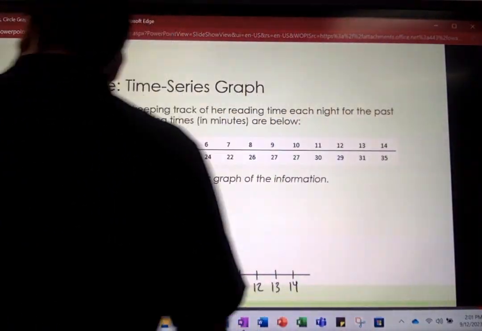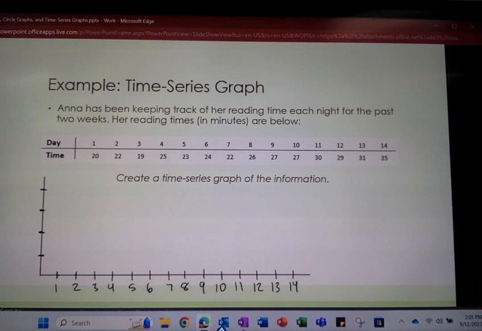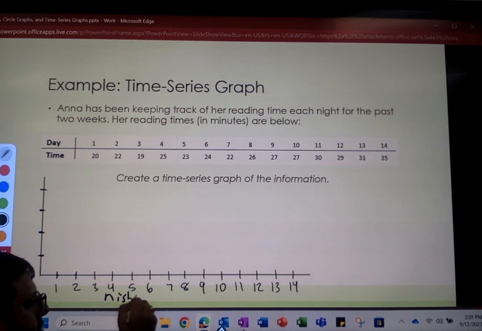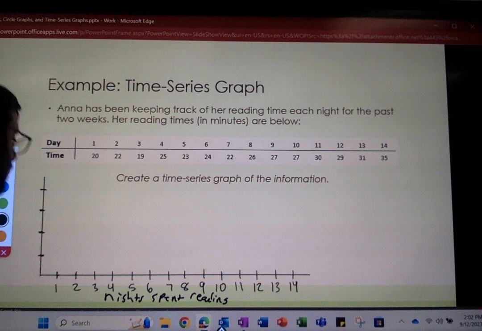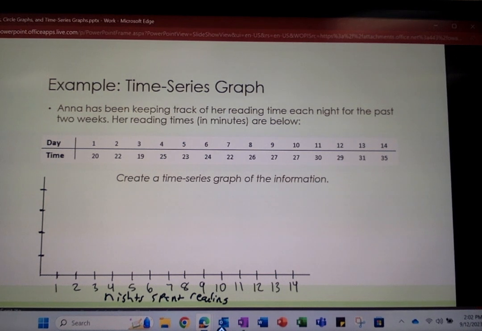Again, we want to make sure that we know exactly what we're measuring. My x-axis represents nights spent reading. Here, we'll mark this axis with the time that we spend reading, so time spent reading in minutes.